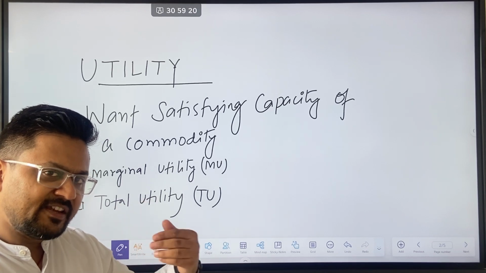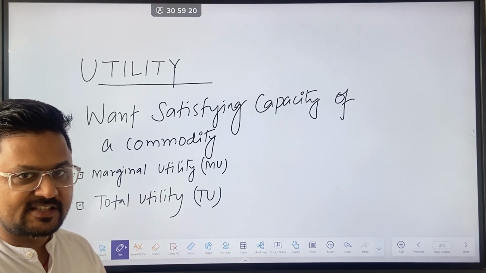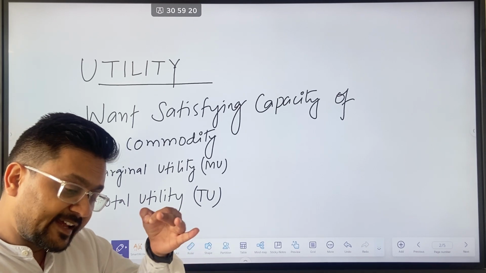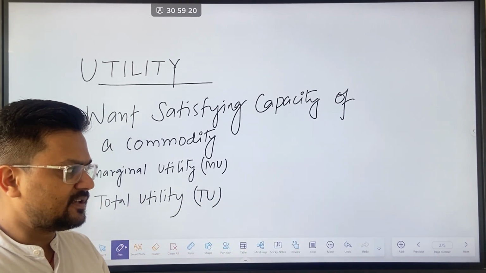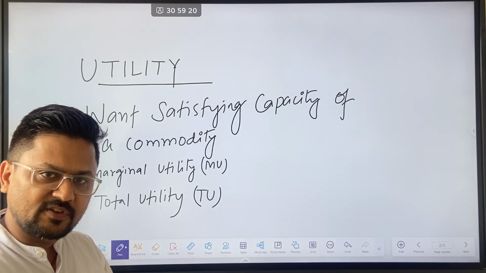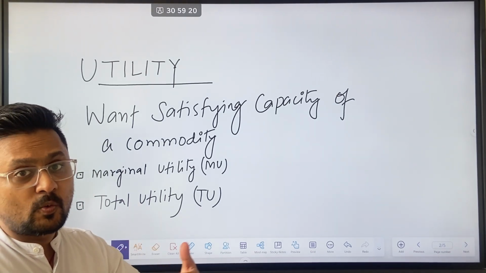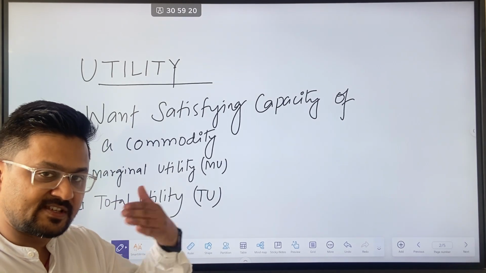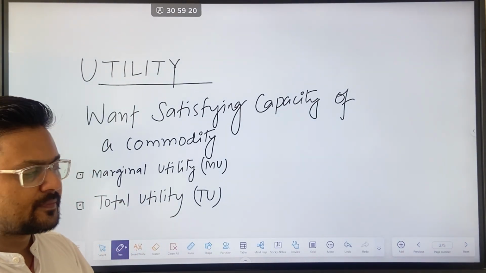Now remember that we are interchangeably using the terms utility and satisfaction, but technically they are different from each other. Utility is the want-satisfying capacity of the commodity, whereas satisfaction is something which the consumer derives from consuming a product or a commodity.